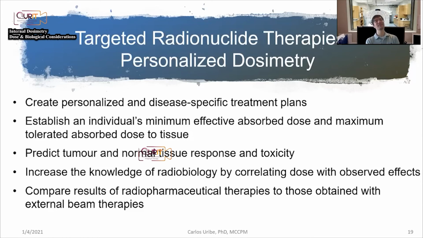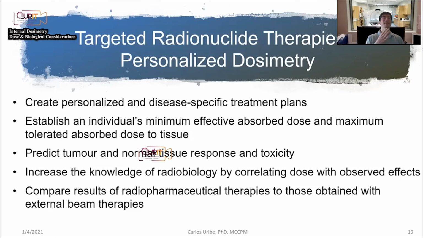We still need an increase in the knowledge of radiobiology. What we want here is for this radiation to kill the cancer. From external beam radiation therapy, we understand very well that a certain amount of dose causes an effect. If we deliver this amount of dose, we know that maybe that tumor is going to shrink by this much, and so on.